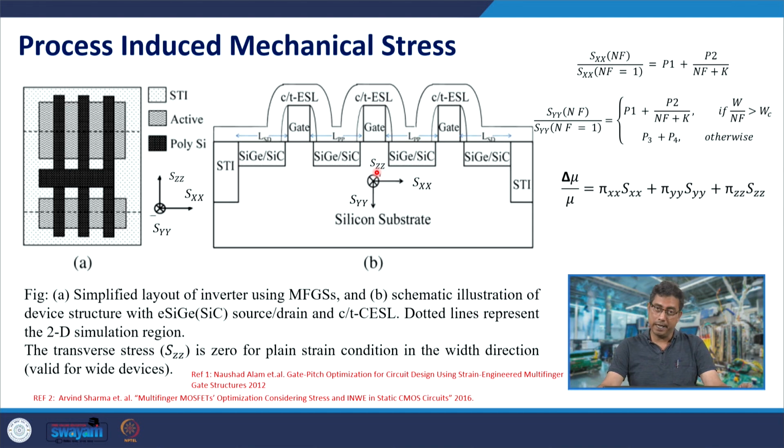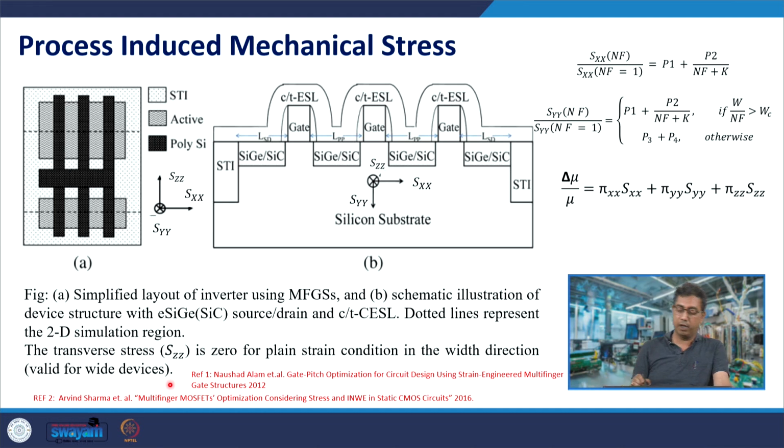So when you increase the number of fingers by a certain integral value, you would assume that the current would proportionally increase, but that would not happen because the mechanical stress would be different in all the channels.